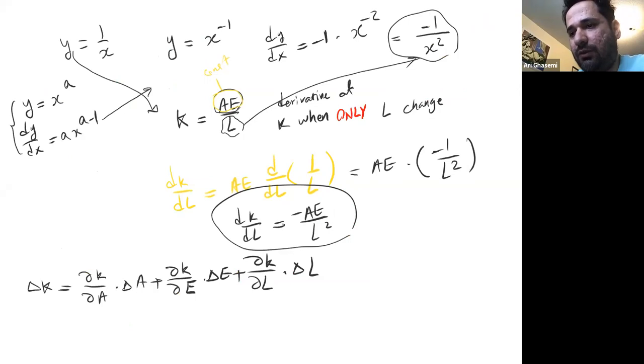So just look at this equation. Well, sometimes you get negative multiplied by negative, positive. Sometimes you get positive multiplied by negative, you get a negative.